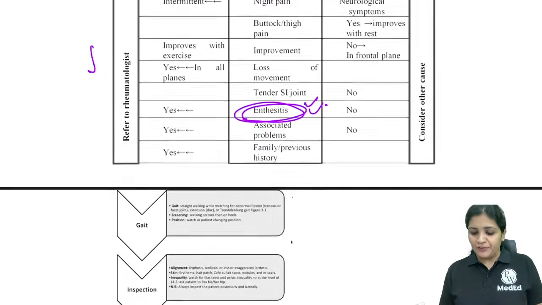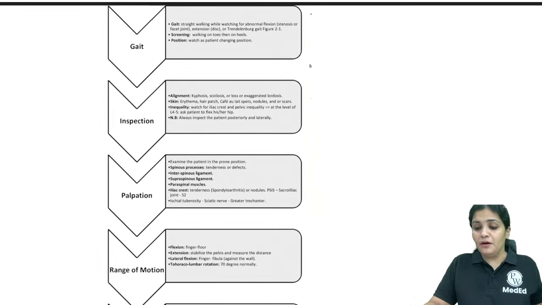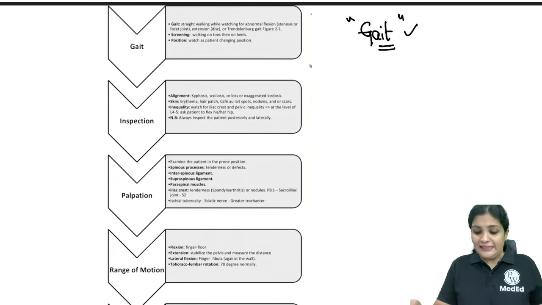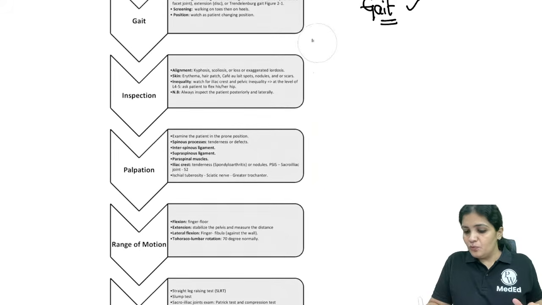And finally, we come to a conclusion to first understand what is the priority. So you will always start with the gait. So as soon as the patient enters, you will look for the gait of the patient, and then you will do proper inspection. So what is the alignment, what are the curvatures, then do palpations, then do range of motions and special tests.